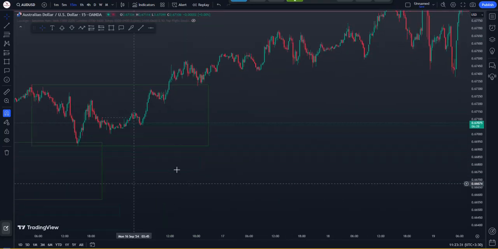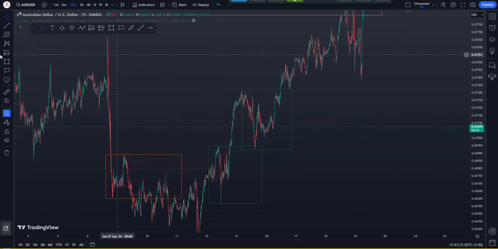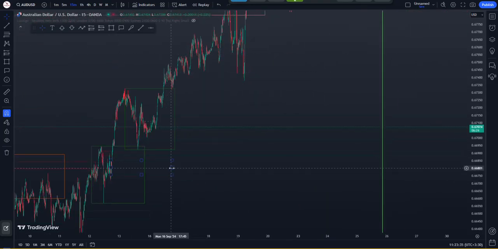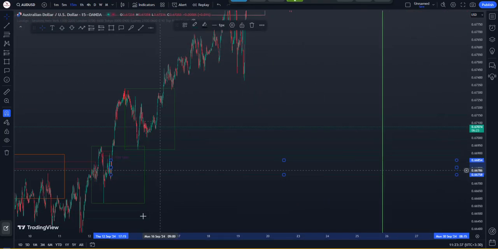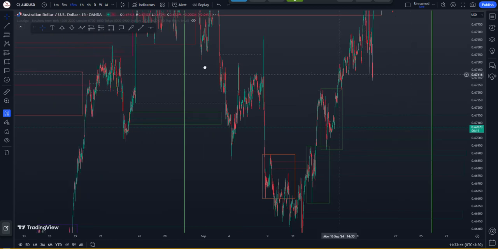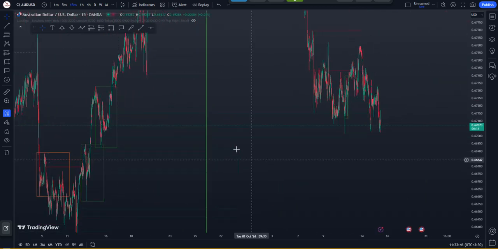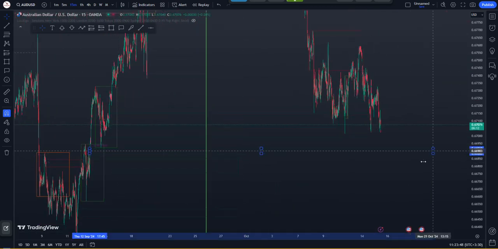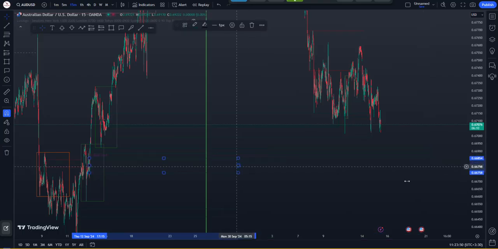So this is important. I found two interest areas, and this one exists here too. And we know price never reached any of that.